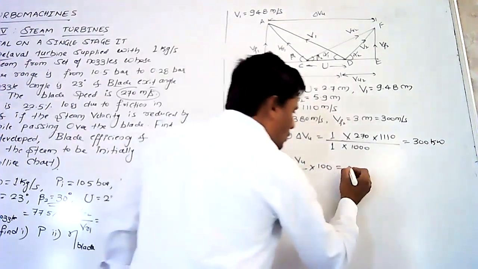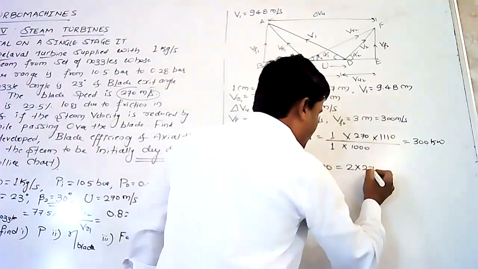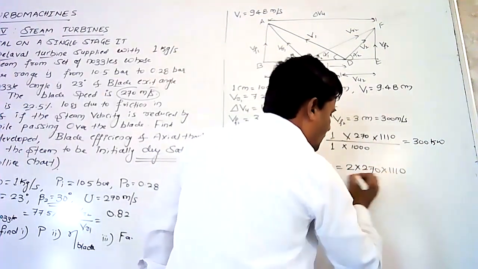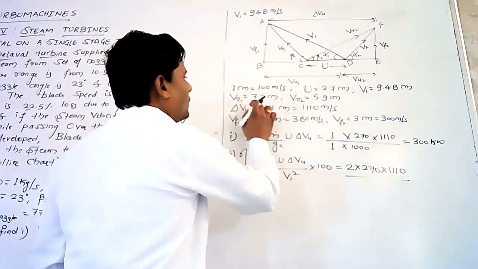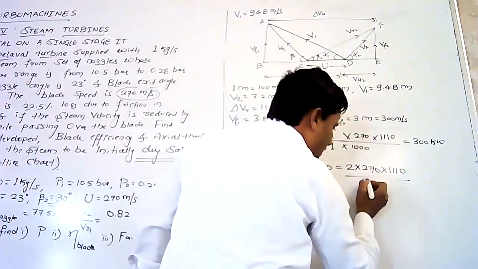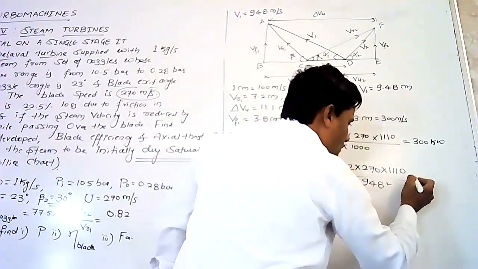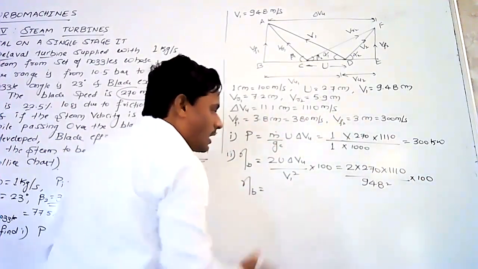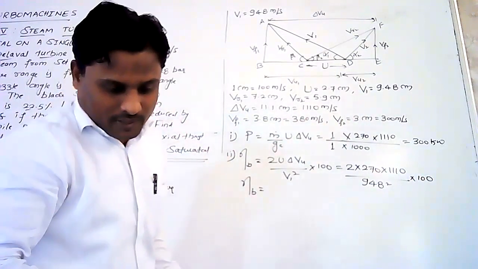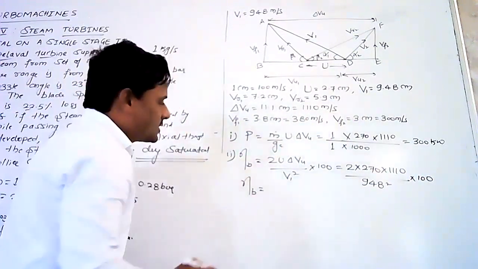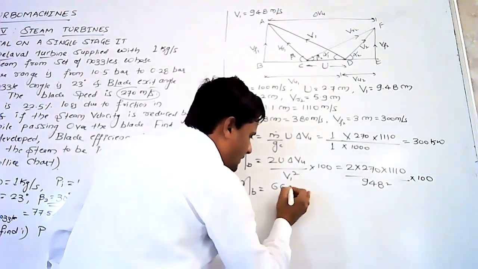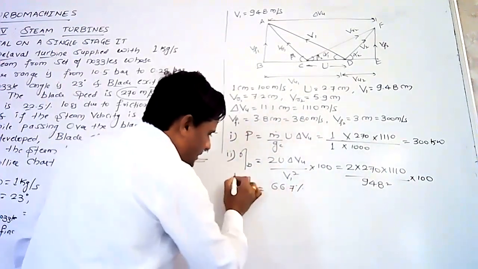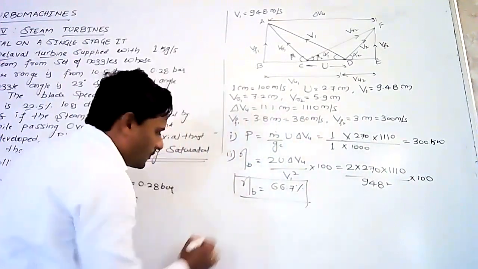Substitute all the values: 2 into 270 into 1110 divided by V1 square, where the value of V1 is 948. Upon solving this, we get the efficiency as 66.7%. This is the blade efficiency.